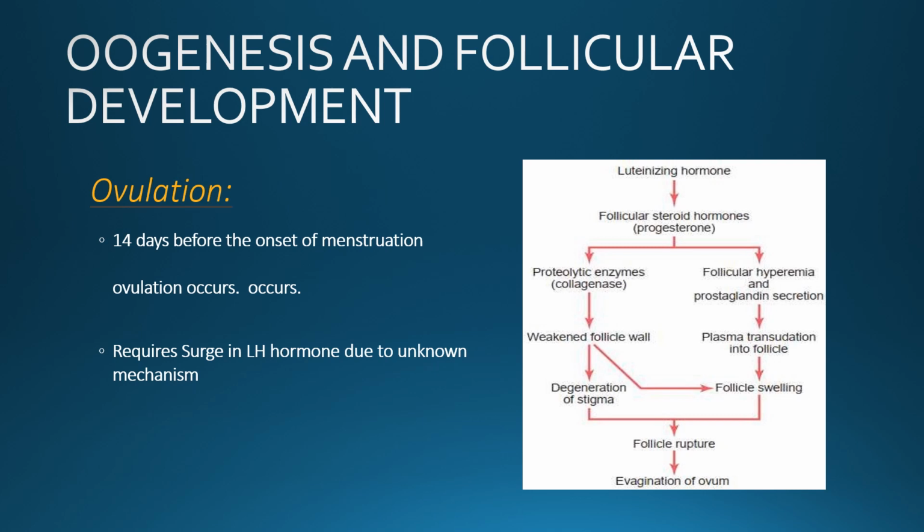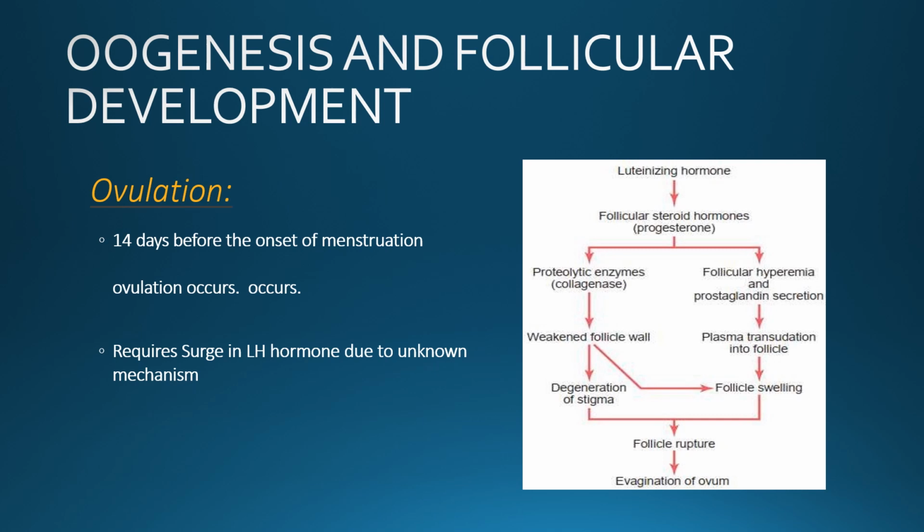Ovulation is a process which occurs 14 days before the onset of menstruation, and it requires a surge in LH hormone due to an unknown mechanism. The LH surge and follicular steroid hormones, that is progesterone, cause proteolytic enzymes, follicular hyperemia and prostaglandin secretion.